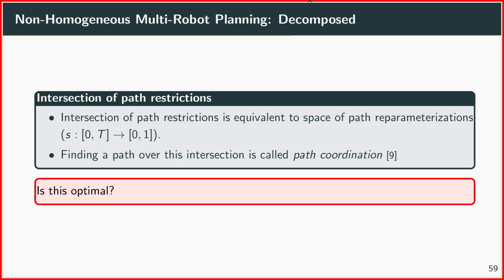Again, question, is this actually optimal? Any questions? If you have optimal paths for each of the individual robots? Yes? No, I don't think so, because we essentially only have a path and then maybe stop or slow down, go backwards, whatever.